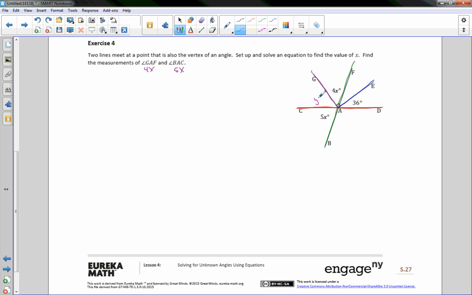Okay, so the only thing I see here that we could possibly do is name this a different value. So let's call this y. And this is 90 degrees. So this whole thing is 90. So if I ignore this green line here, the top side of this red line are angles on a line. And I have this angle here of y degrees, which is angle CAG. I have angle GAE, which is 90 degrees, ignoring that green line, and I have angle EAD, which is 36 degrees.